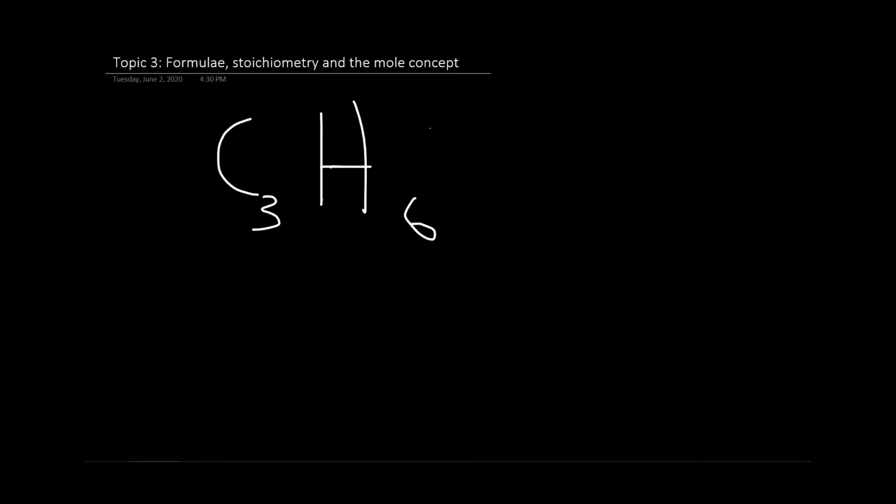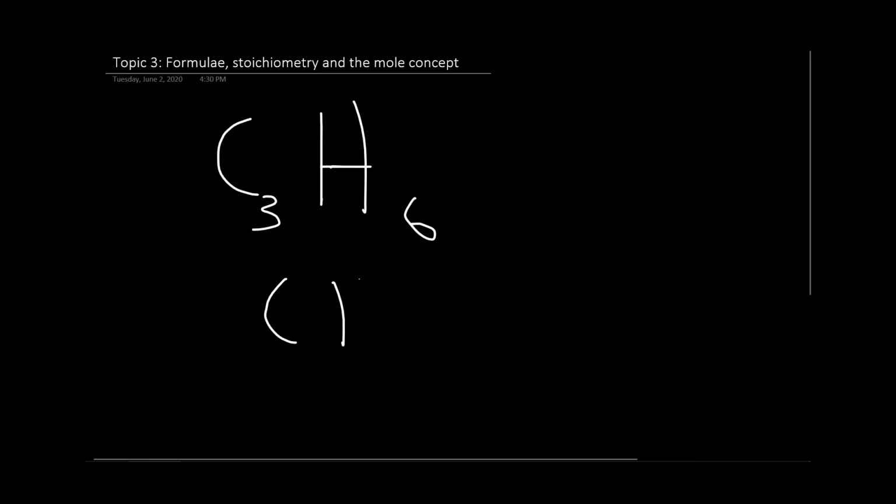The simplest ratio of the elements in this compound is 1:2, right? For 6 hydrogen atoms, there are 3 carbon atoms. So if you simplify it, it'll be CH2, since the ratio is 1:2. So this is the empirical formula of C3H6.